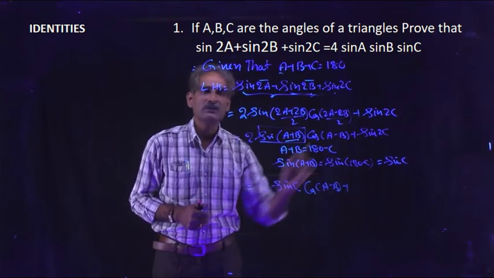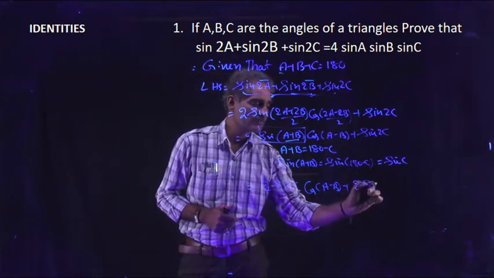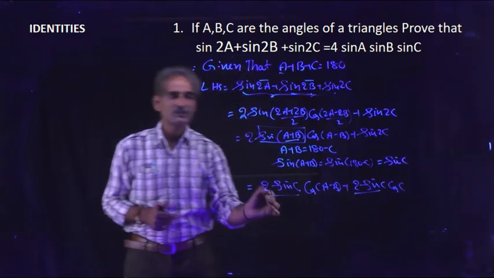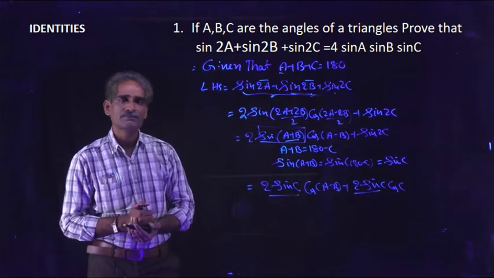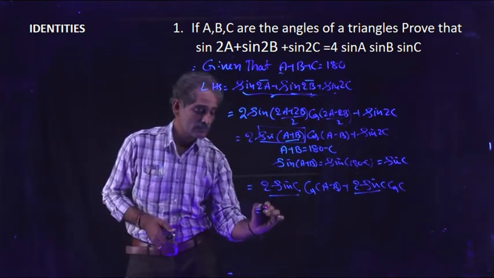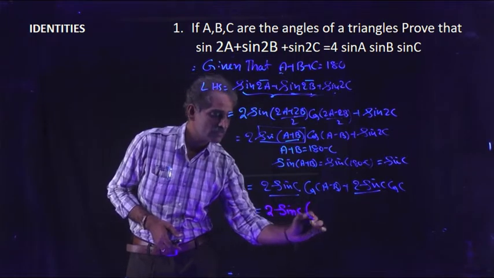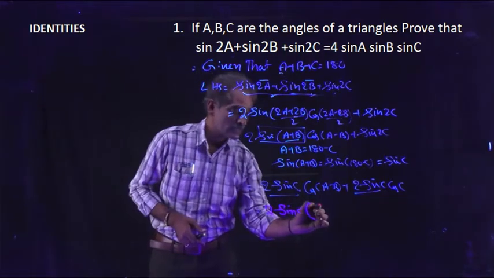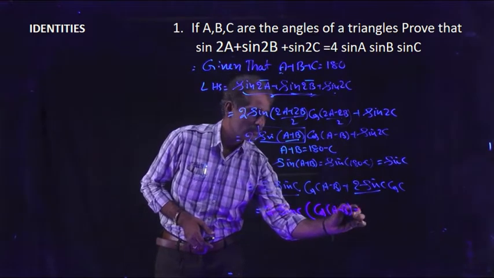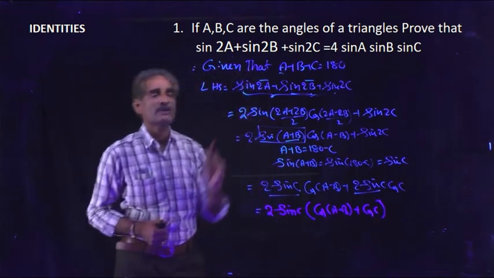Now write sin 2C in terms of C: sin 2C equals 2 sin C cos C. Now these two terms have a common factor, so take common 2 sin C into cos (A minus B) plus cos C.